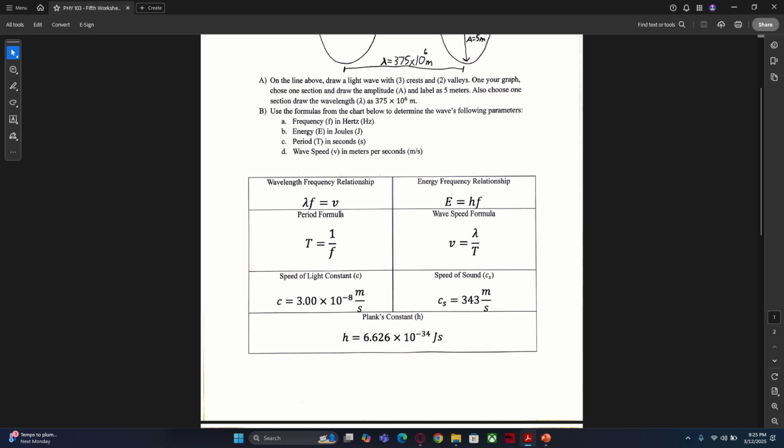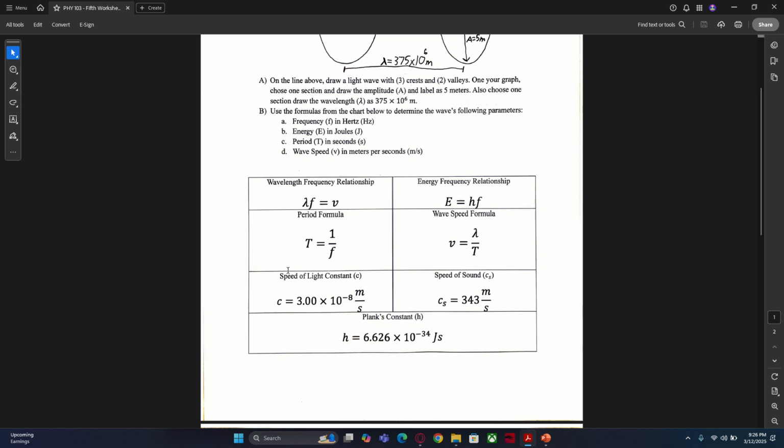The period formula is just the period T equals the reciprocal of frequency, or 1 divided by the frequency. The wave speed formula is just the wave speed v equaling the wavelength divided by the period.